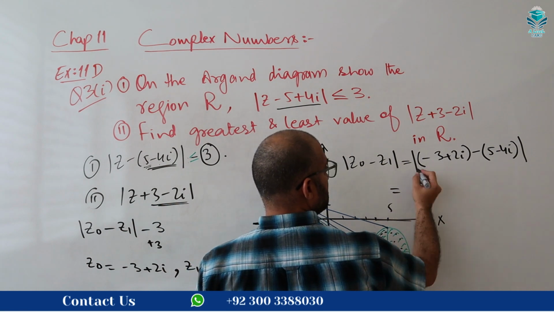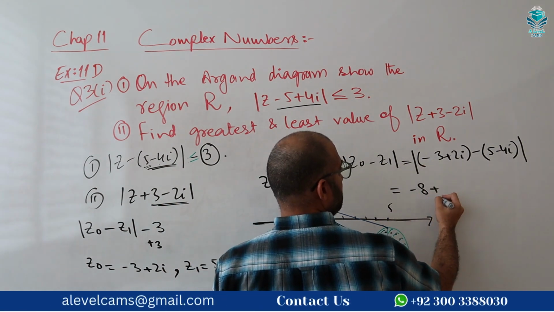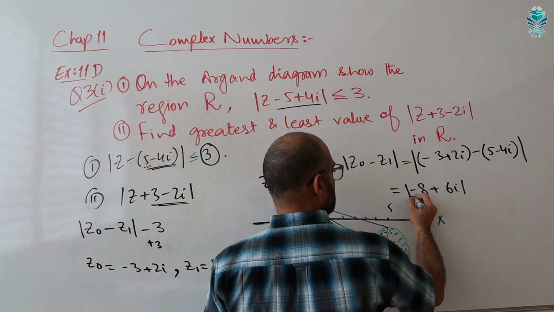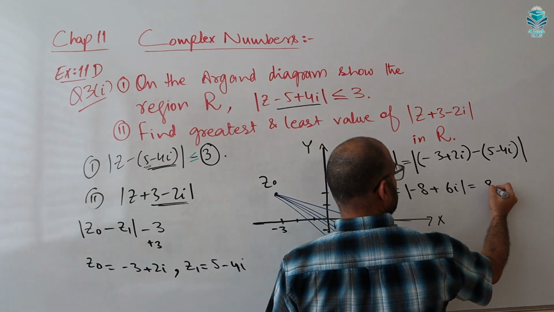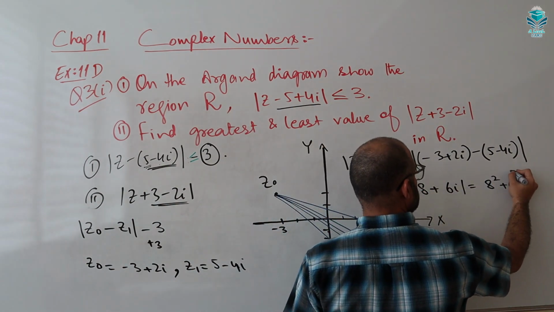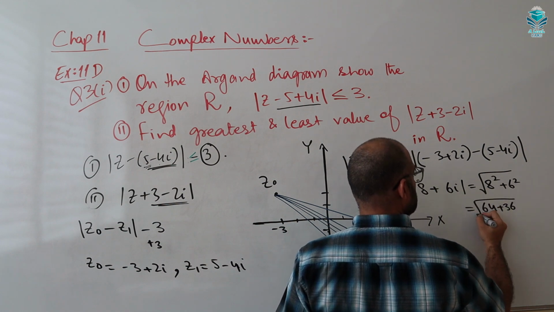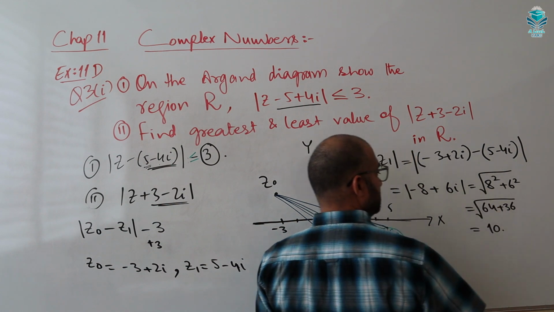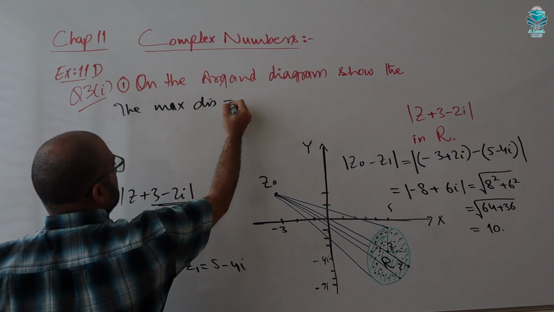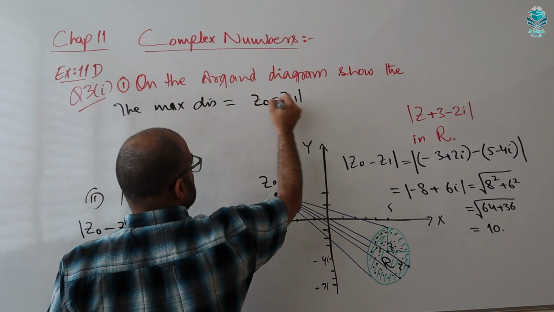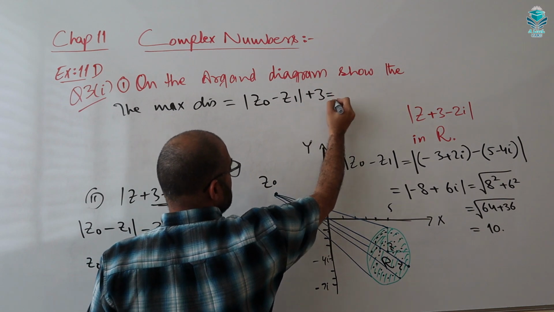We will get minus 8 plus 6i, modulus. It is equal to the square root of 8 square plus 6 square, which is 64 plus 36, so 10.